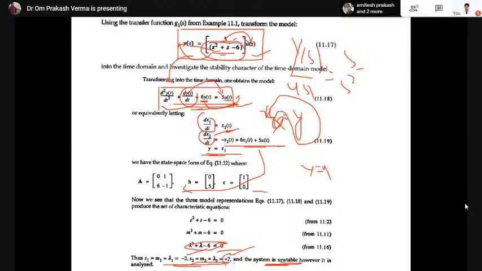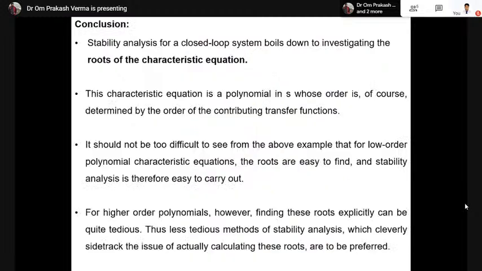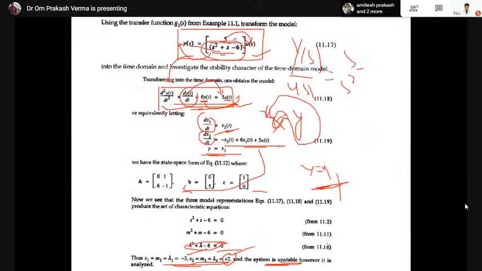So one pole is lying in the right half and one is lying in the left half. Ultimately this is unstable because one pole is lying in the right half. So this is the conclusion. You can calculate the eigenvalues from this also.